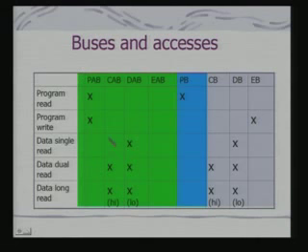Because of your demands of the data, you have multiple buses over which these accesses can take place. So, you have separated out the program access, you have separated out the 2 data accesses, and so effectively you can have 2 distinct data memories and 1 program memory.